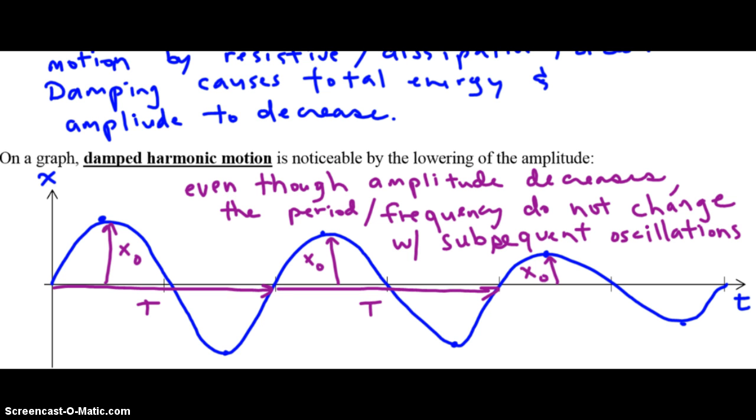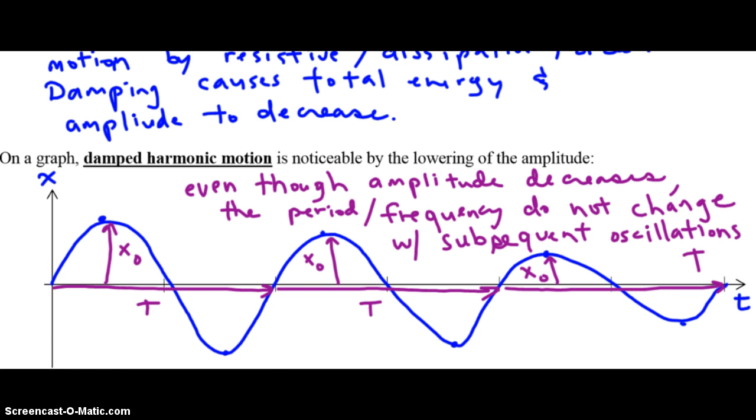The next oscillation is this. And it takes the exact same amount of time as the first oscillation took. And the final oscillation on this graph, again, takes the exact same amount of time. The period is still the same. It takes the exact same amount of time as the previous oscillation.